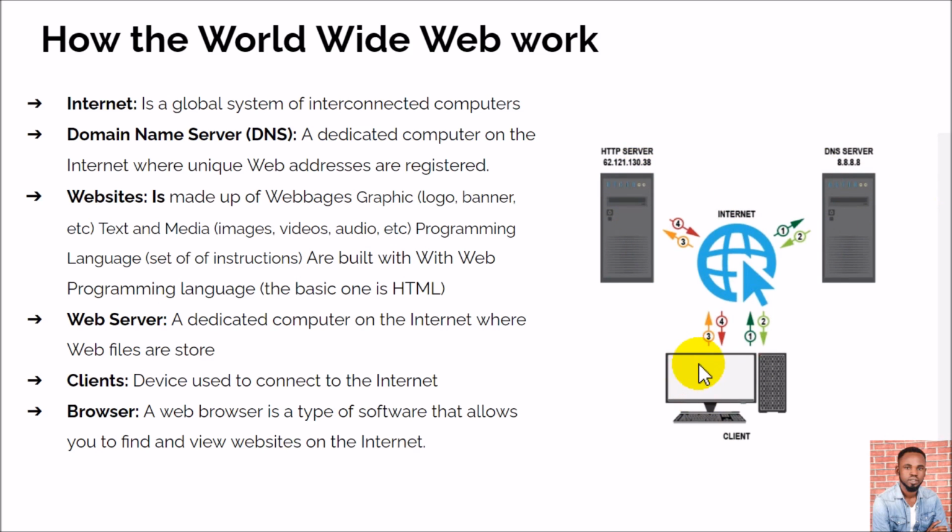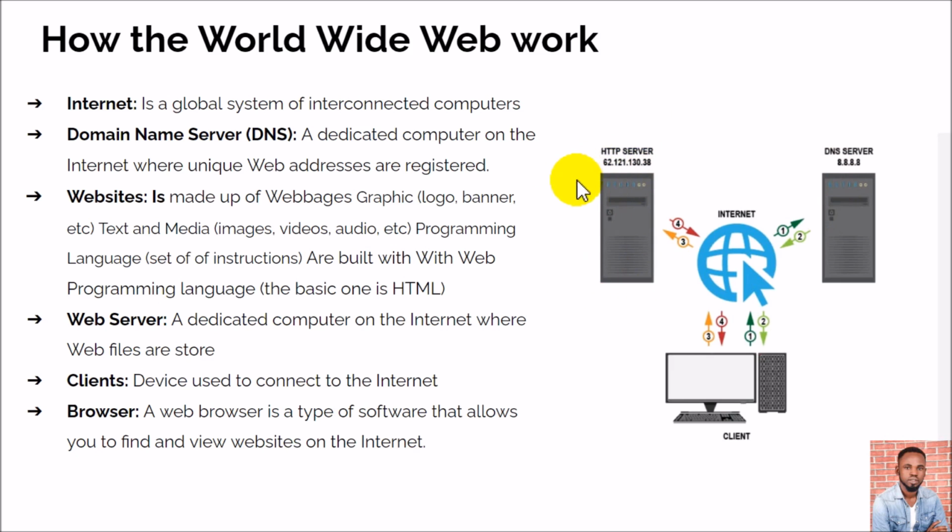So once you have a web browser installed in your phone, you type a name. Let's say you type Data Top Notch Academy here. What happens is that your HTTP, Hypertext Transfer Protocol, is going to read that name and communicate to the name server. The name server will say, okay, if you are looking for any information regarding this name, based on the setup you have done, you have linked your domain name to your web server. The domain name is going to direct that request to your name server.